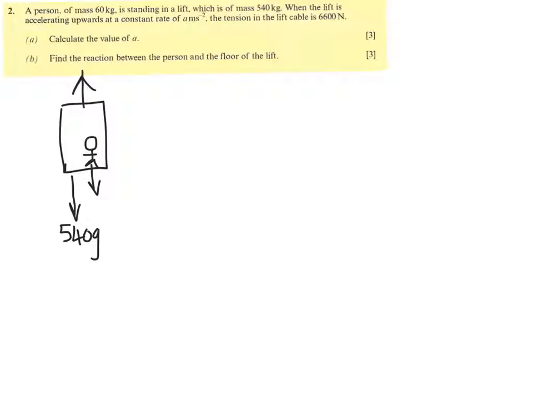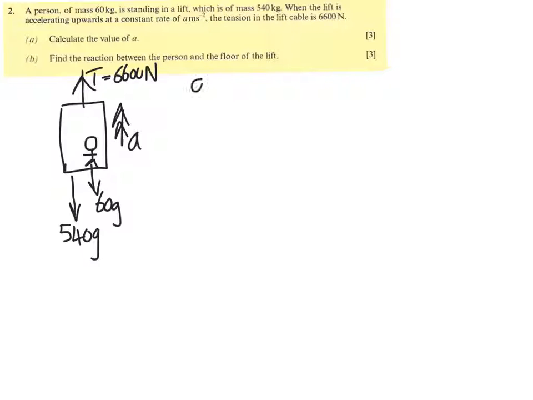The person has a mass of 60 g. And what do we know about the acceleration? It's accelerating upwards, so we know it's accelerating that way. And I should put on the tension, T, and that equals 6,600 newtons. So I've got my diagram, we're ready to go.